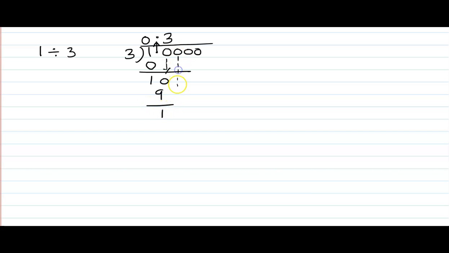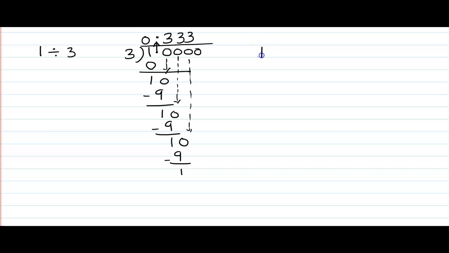Now another 0 is coming down. Again 3 times 3 is 9, so 10 take away 9 is 1. And then another 0 is coming down, so it is 10. Again 3 times 3 is 9. If you think, we are getting a pattern: every single time you are getting 10 here and 3 is repeating.